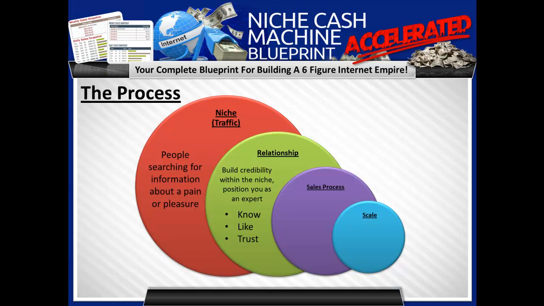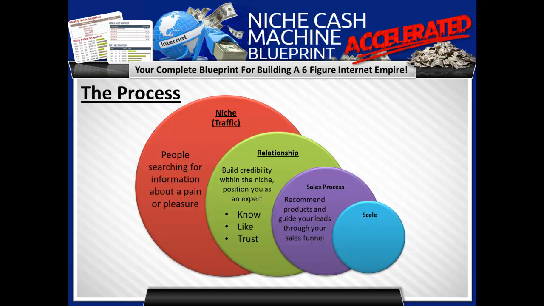And now, once we build a relationship with that niche, we take them through our sales process, which is where we recommend products to them, and we guide those leads through our sales funnel.